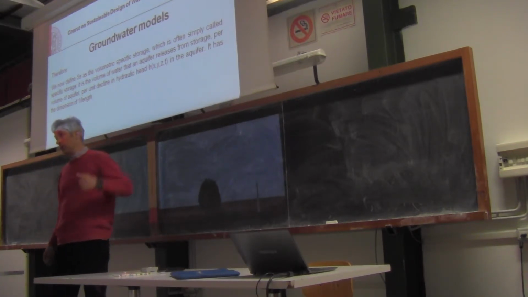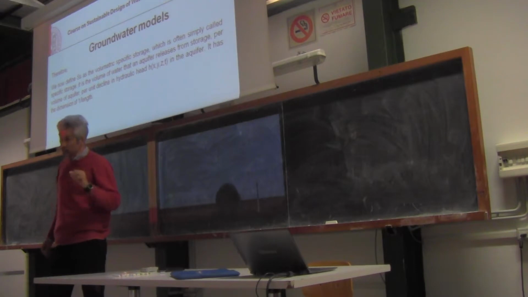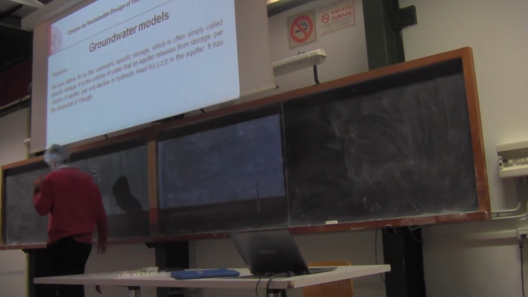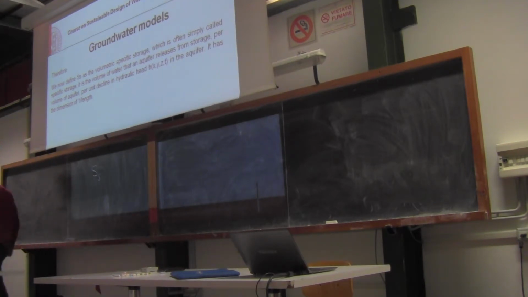So how can we measure the energy of the water flow? We go back to Bernoulli theorem, which says that the energy of a water flow is given by the sum of 3 components. There is a potential component, there is a kinetic component, and there is a pressure component.